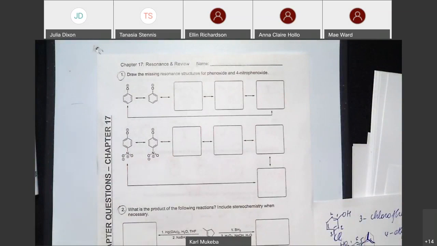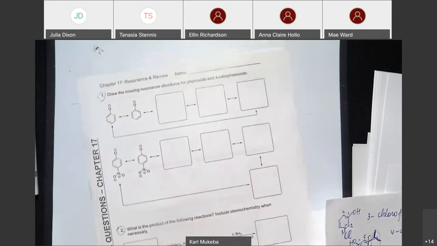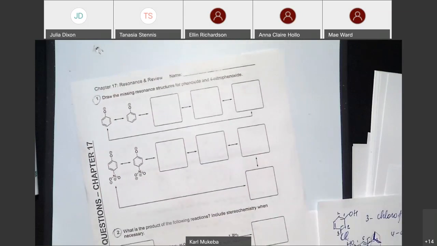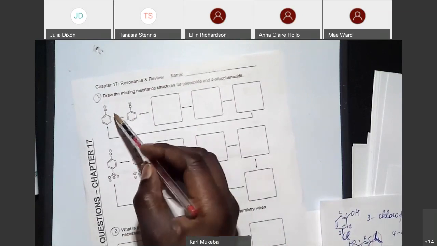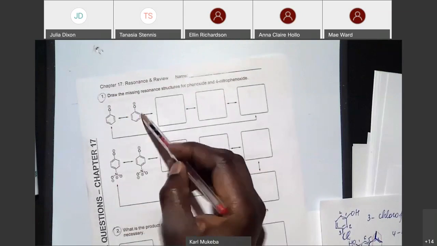So they ask us to draw the missing resonance structure of a phenoxide and 4-nitrophenoxide. This is similar to one you did in chapter 16 for your exam. It was a question like this. So what happened here? How can you put our arrow to go from this structure to the other one?